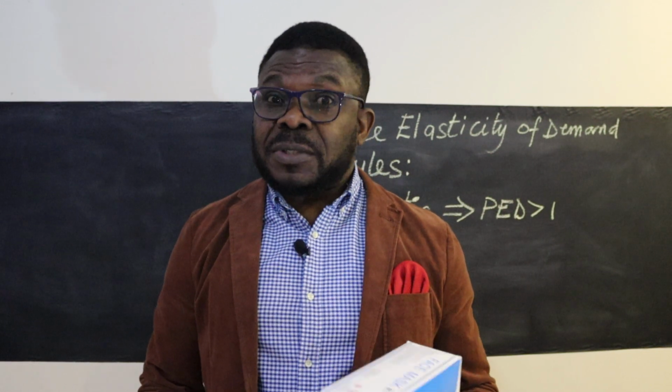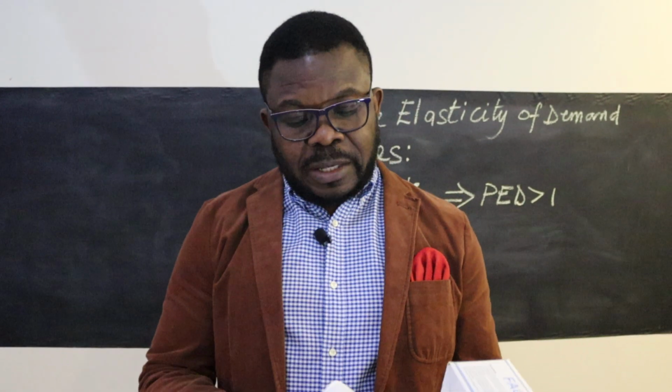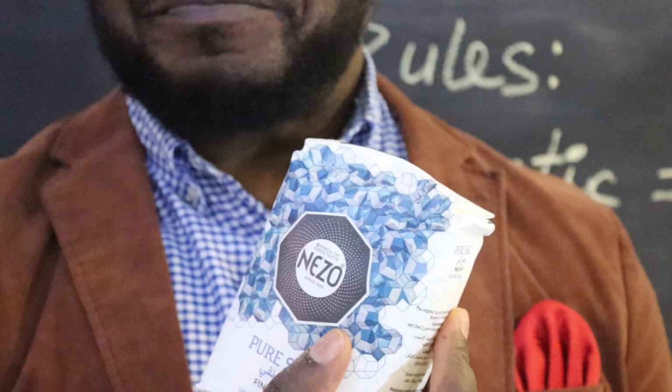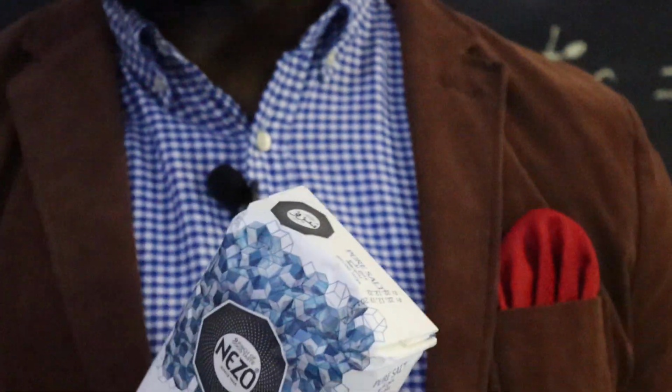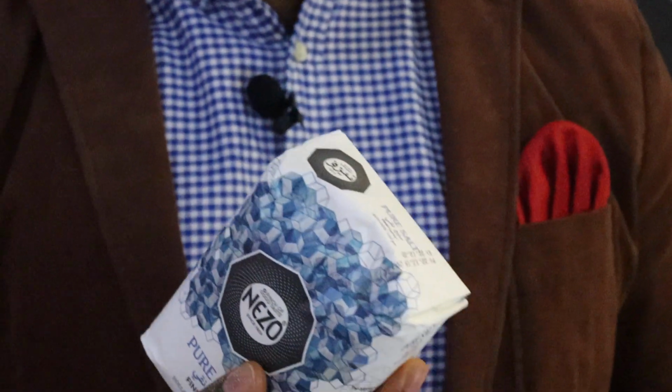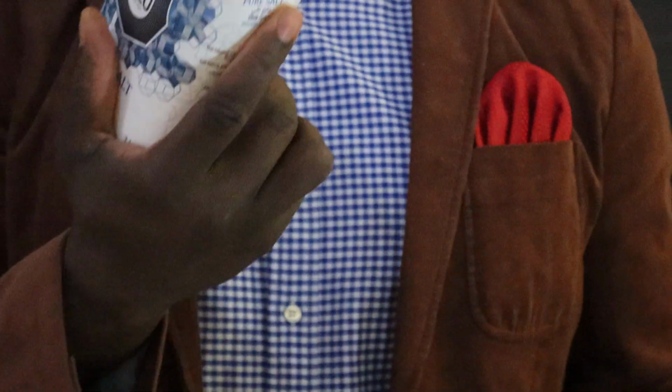All you can do is to reduce the quantity you buy by a little margin because you still need it anyway. The same applies to salt. I have here salt. The salt, there is not really any substitute for salt. Some students tell me in my classes that lemon can be used as a substitute, but really, do you want to cook food with salt, or do you want to cook food with lemon?